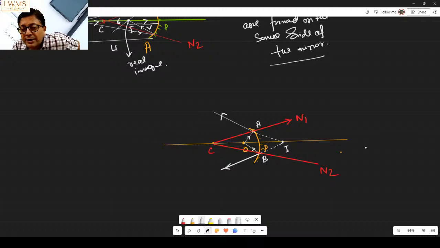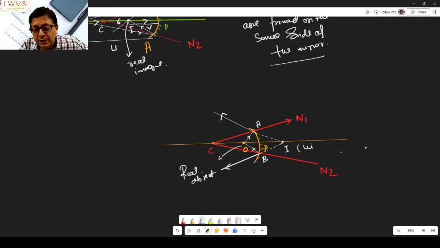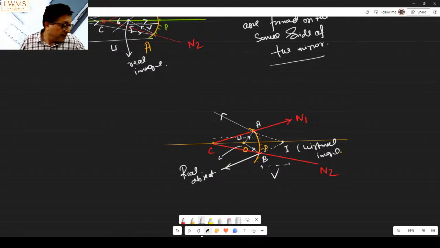They are meeting at the point I. So here the object is O, a real object, then a virtual image. Here also U is the object distance and V is the image distance. This is U. And this portion is going to be V. Alright? V is the position of the image.